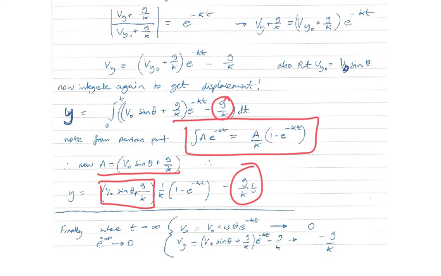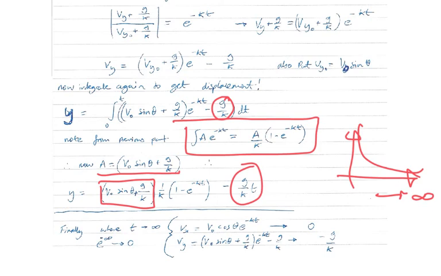Now, because the minus exponent looks a little bit like this, then as you go to infinite time, this is going to go to 0. So in the x direction, your projectile is eventually going to have a 0 velocity.